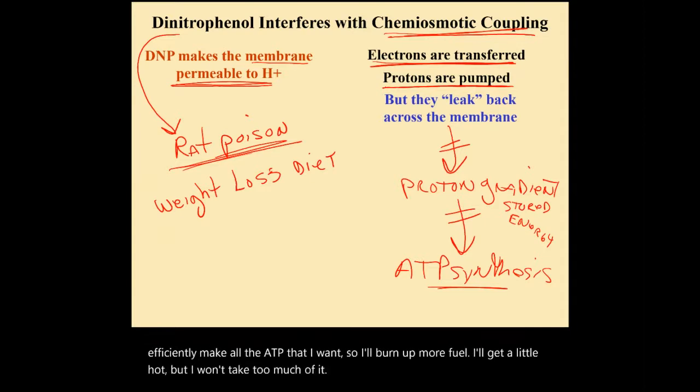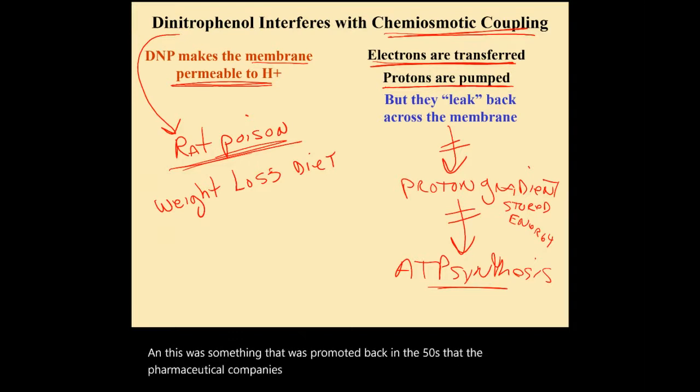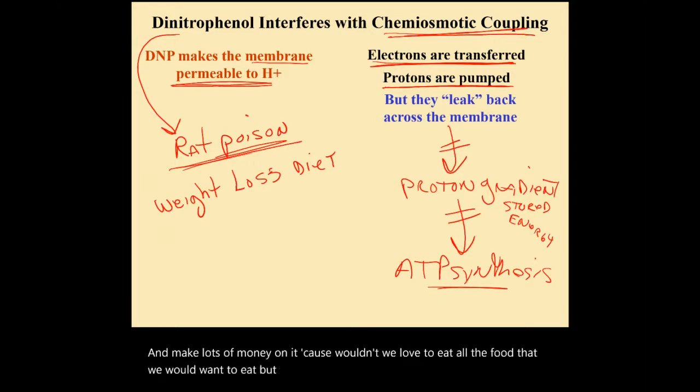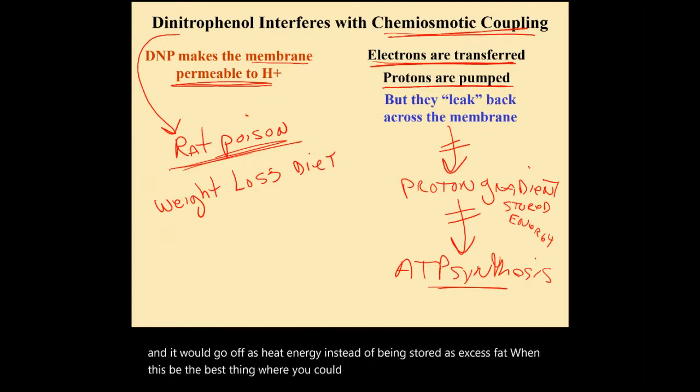And actually, this was something that was promoted back in the 50s, that the pharmaceutical companies were trying to make a therapeutic dose of dinitrophenol and make lots of money on it. Because wouldn't we love to eat all the food that we would want to eat? We wouldn't be able to store it. We would just burn it and it would go off as heat energy instead of being stored as excess fat. Wouldn't this be the best thing, where you could have your cake, eat it too, and still lose weight?